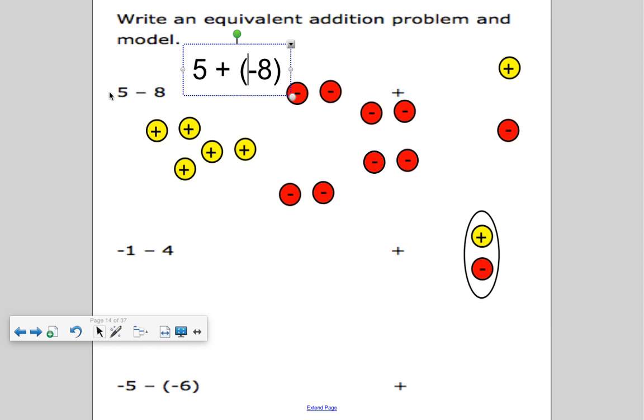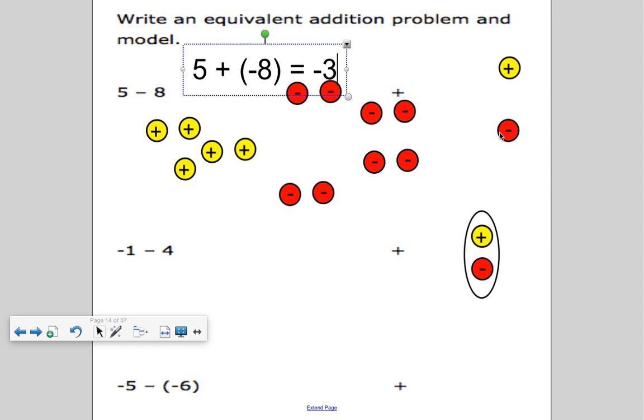So I rewrote the subtraction to an addition expression. I kept the 5, I turned the subtraction to adding, and what's the opposite of 8? Negative 8. And what is 5 plus negative 8 going to equal? I have more negatives by 3, negative 3. 5 minus 8 is the same as saying 5 plus negative 8 equals negative 3.